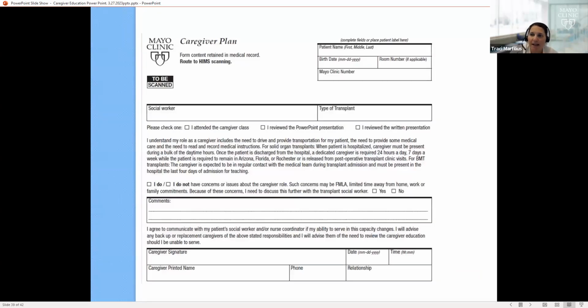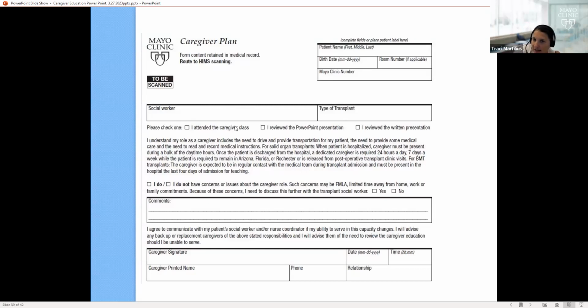This is the caregiver plan form. This is what it looks like. You should have received it. So if you didn't, I would encourage you to look at the email because it's an attachment in the email oftentimes. It may also be in the social work folder or the caregiver plan folder if you received one of those. But please make sure you put the patient name and date of birth. If you don't know their Mayo Clinic number, it is okay, but you need to put in their birth date, who that social worker was, type of transplant.